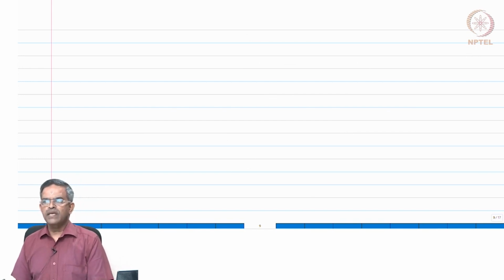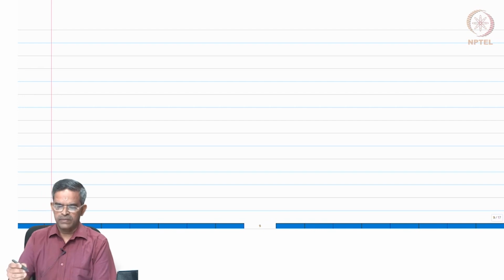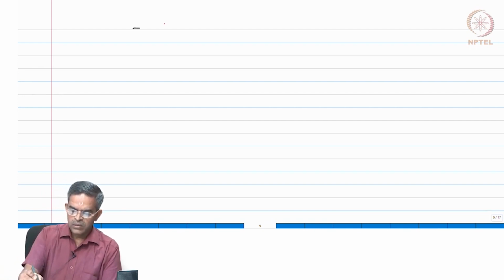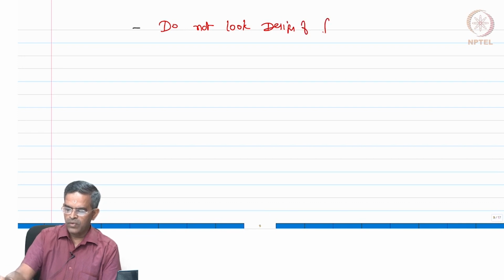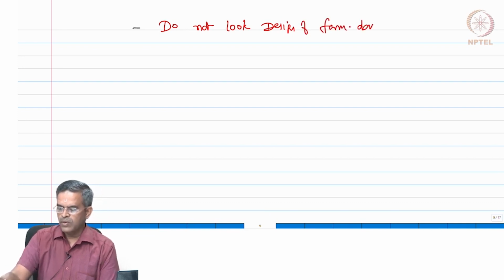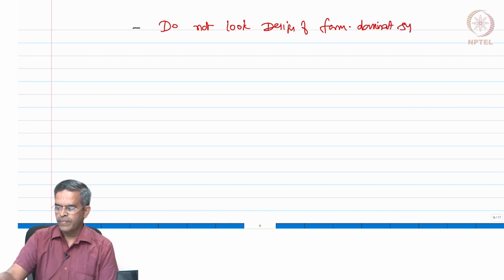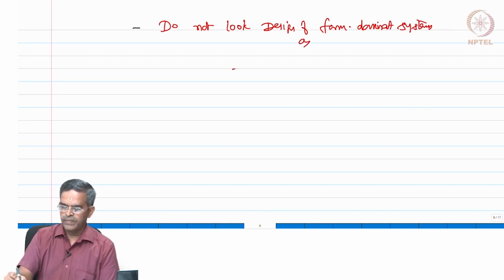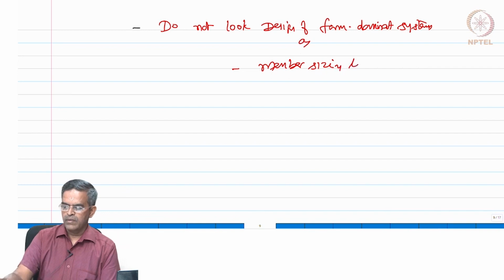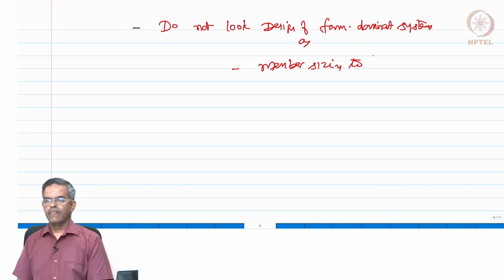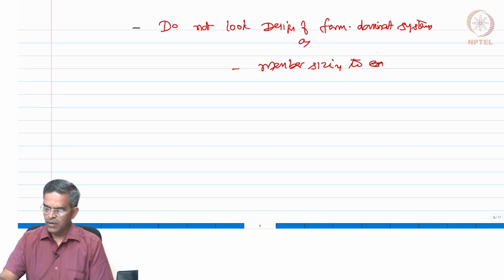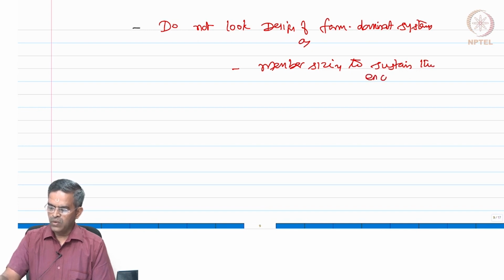So, the design should not be seen as sizing of the structural members. Okay. So, let us not look at design of form dominant systems as member sizing to encounter or to sustain the encountered loads.